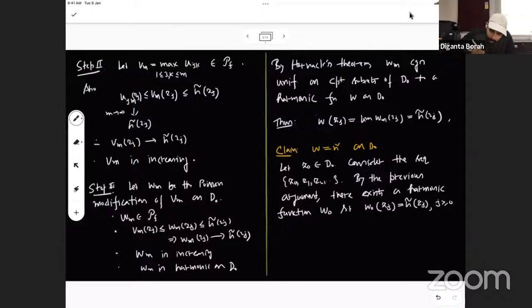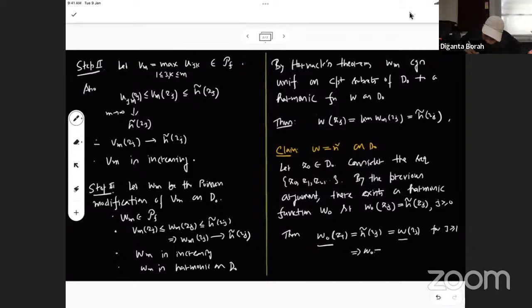But then you see, look at W naught of Z_k. This is S tilde of Z_k. And I know that this is also equal to W of Z_k for k greater or equal to 1. But W naught and W are harmonic and so continuous. So if W naught and W agree on a countable dense subset, this will immediately imply that W naught is equal to W on D0.